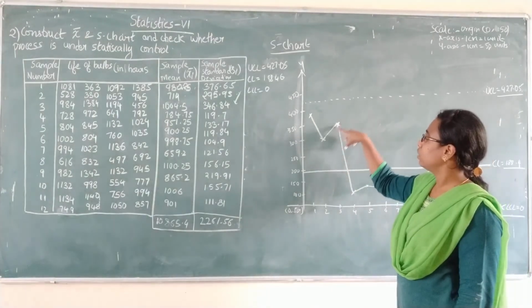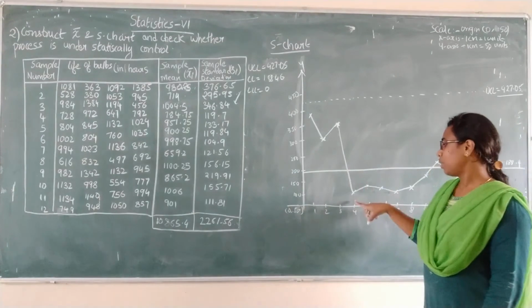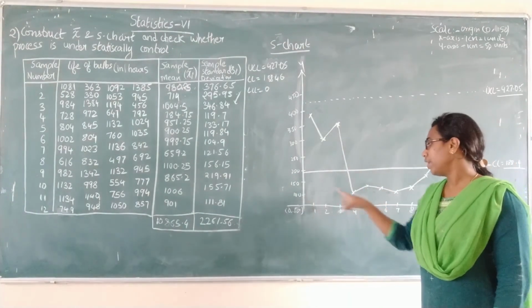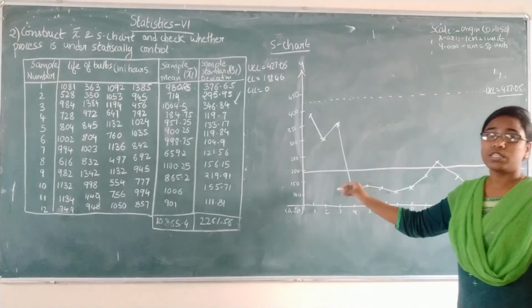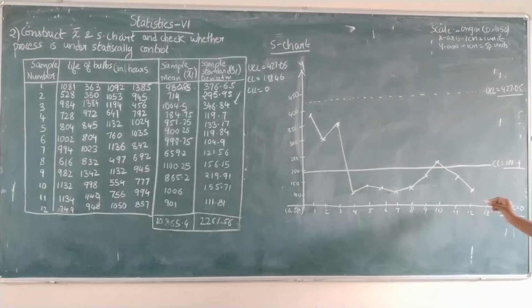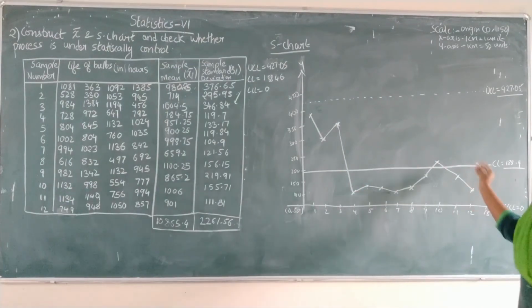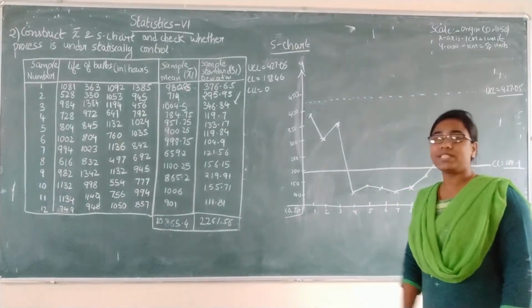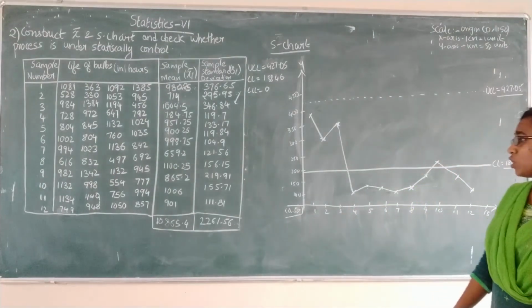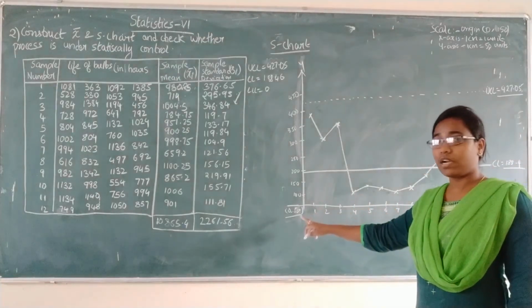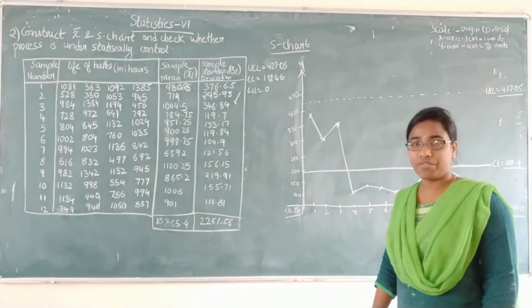Plot the point and join it. Next, the fourth sample value is 119, that is near to 100. Plot it and join. So similarly, you plot the values and simultaneously join the values of all the 12 samples. And one thing, here I am starting my origin with 0, 50 because no values are less than 50. That's why I am starting the origin with 0, 50.